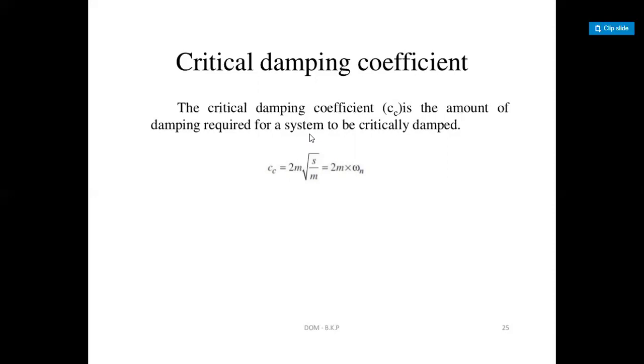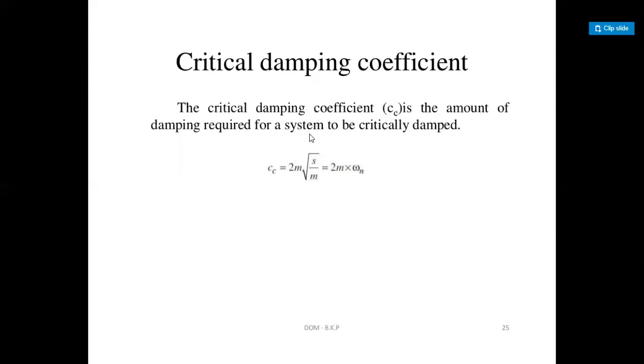But if the whole energy produced due to the axial force is absorbed by the damper, then the vibration produced is zero. This kind of condition is called critical damping.